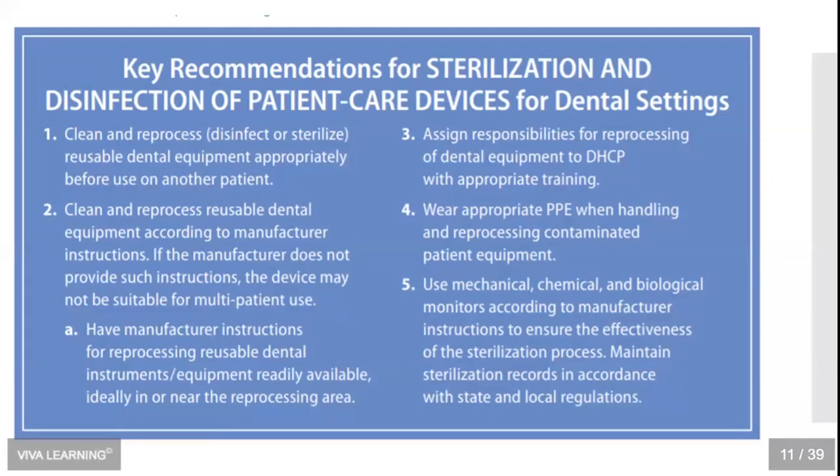And you'll notice in this set of key recommendations from CDC, one thing is missing. And that one thing that is missing is the validation of cleaning. It is available to us. We can do it. I'm going to teach you how to in the upcoming slides, but it is not a recommendation of the CDC at this time.